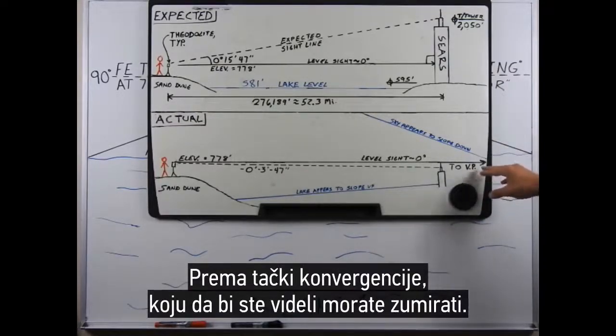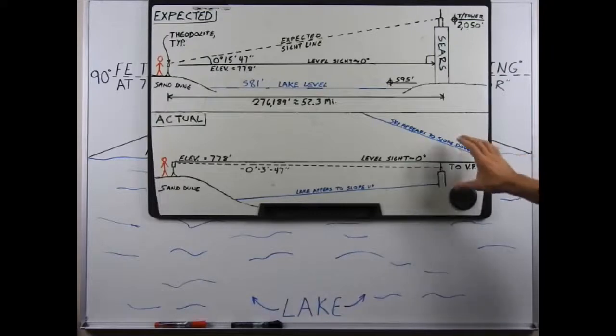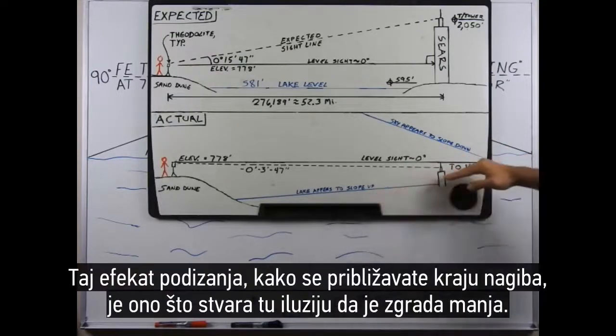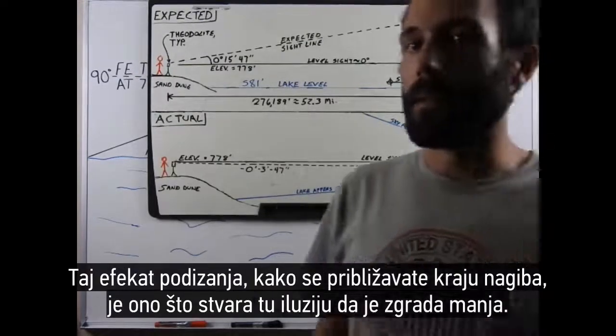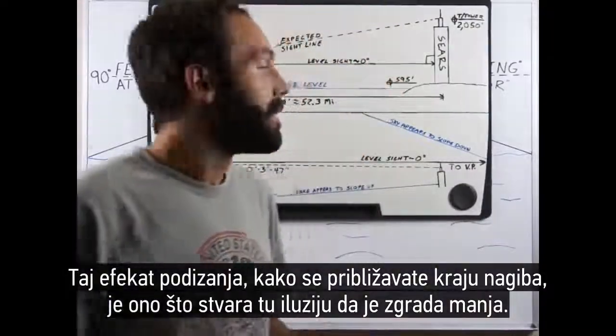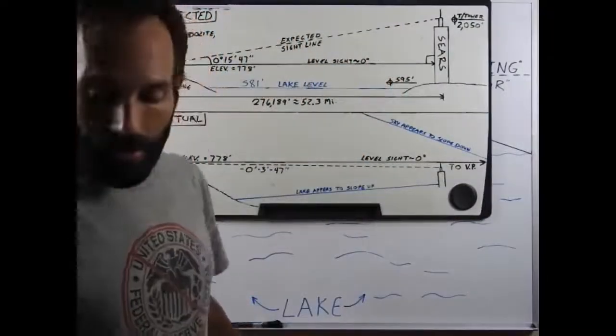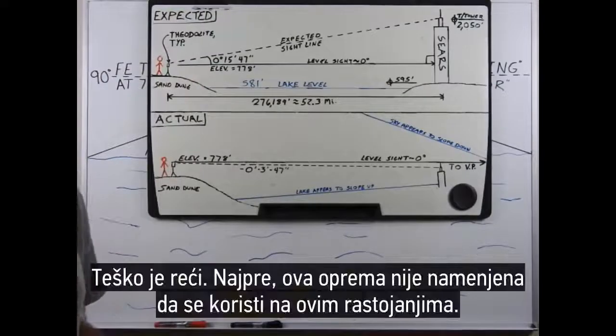You just have to keep zooming in to see it. But that bunching up effect as you get to the end of this slope is what's creating that illusion that the building is smaller. So it's tough to say.